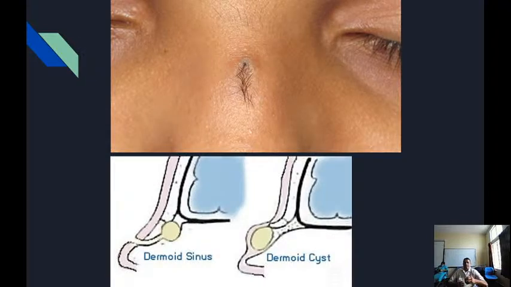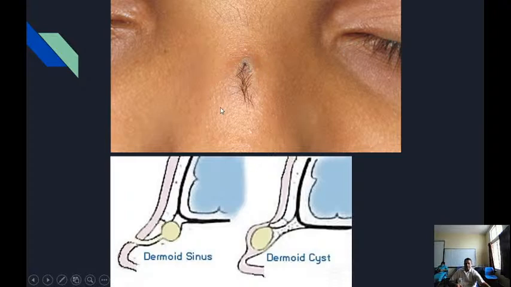Now this is the midline, the bridge of the nose, and that is the small opening through which sometimes some kind of discharge keeps coming out. And you have the hair.